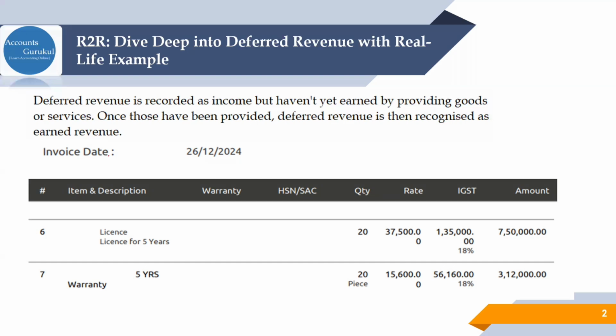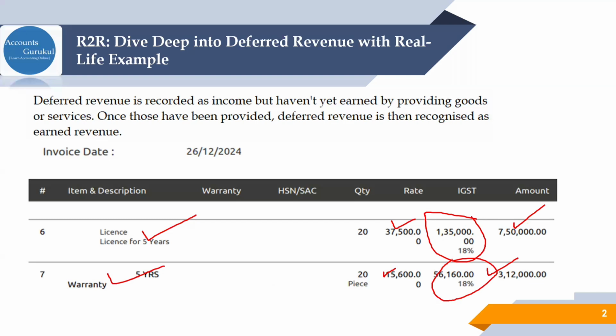Now, if you see here in this invoice, this license is provided for 5 years and the rate is 37,500, and this is the basic. So we have to focus here on the basic amount, not on the taxes. Same for the warranty. We are raising the invoice for 5 years. 15,600 is the rate, and the total basic value is 3,12,000.